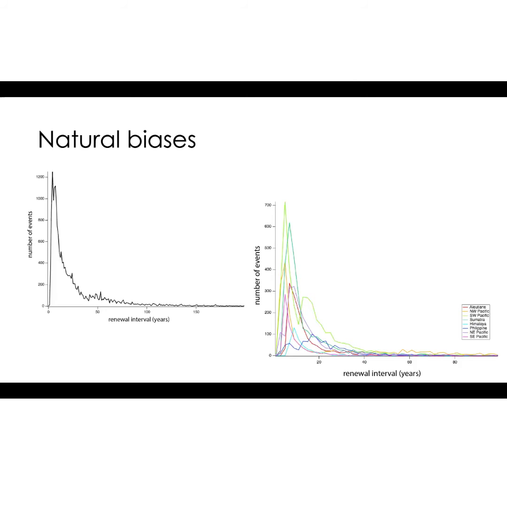So if you're going to take a little snippet out of a much longer history of seismicity, you should expect to be oversampling these short renewal interval events. And indeed we are. You can see that the modal renewal interval in the catalog is about 20 years. But there are some interesting patterns in the catalog, specifically, different major subduction boundaries have different modal renewal intervals that we might be able to leverage in derived analyses.